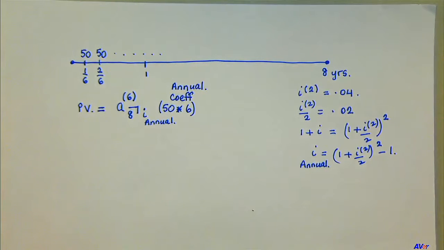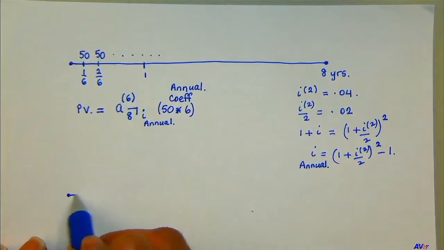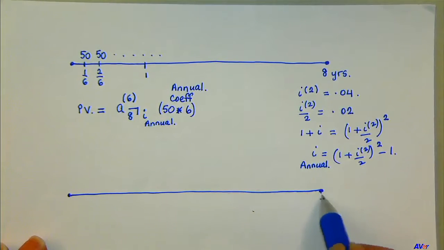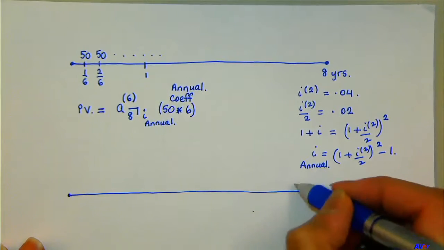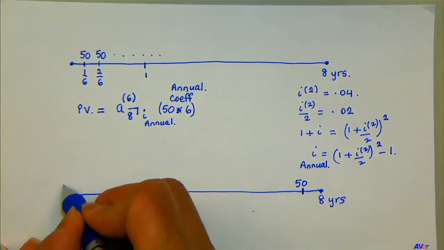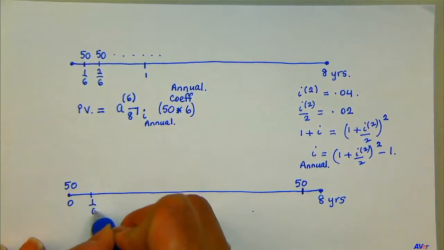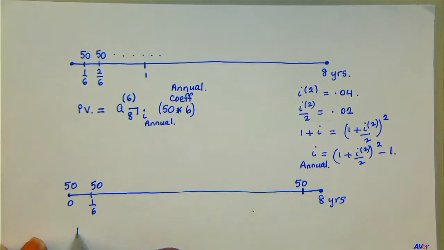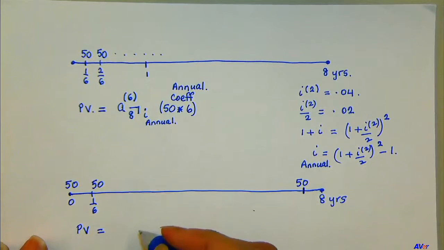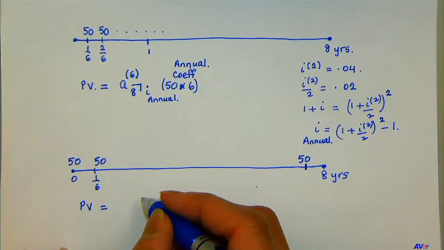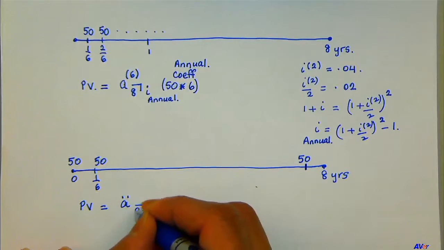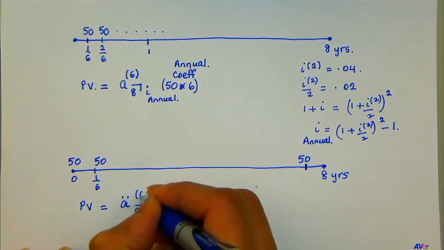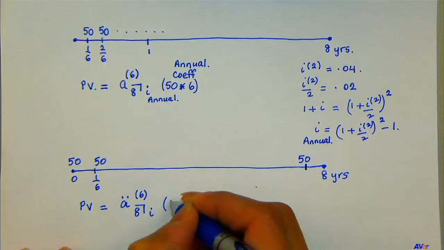What if this payment was happening beginning at time 0? What would change? Same kind of annuity, 8 years, last payment happening here, first payment happening here. Present value equals what? A double dot angle 8, still i(6), still 50 times 6.